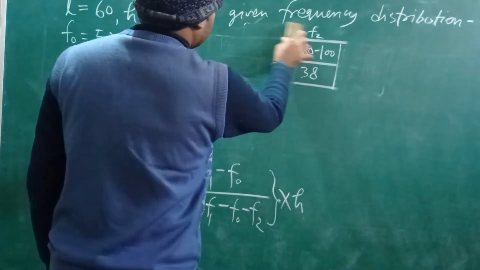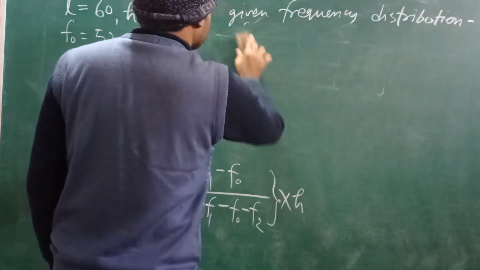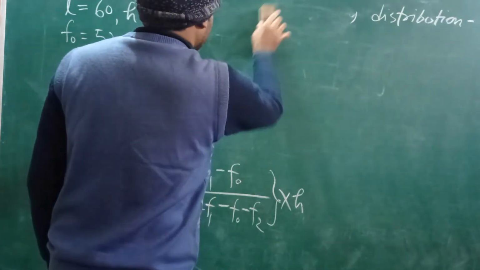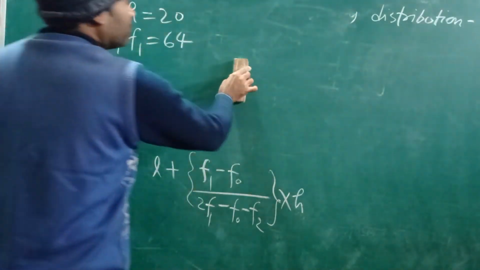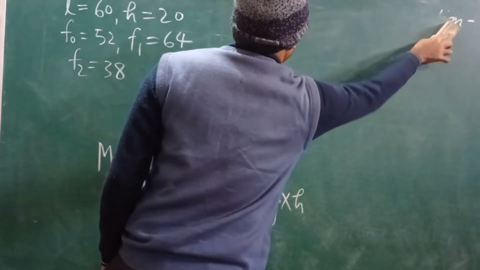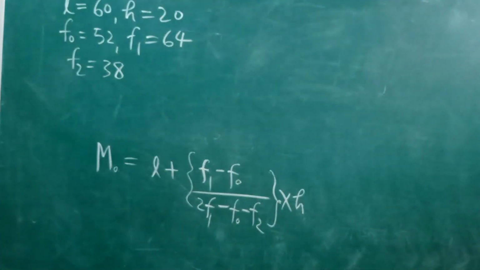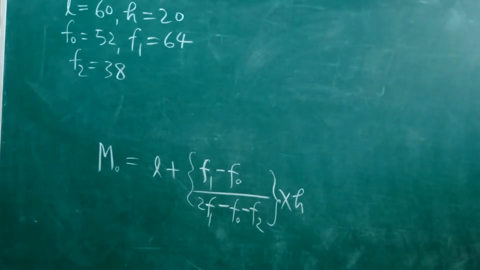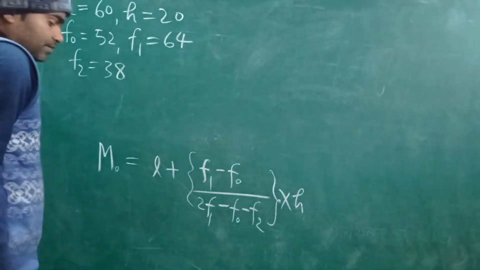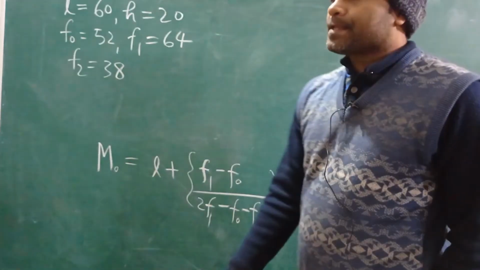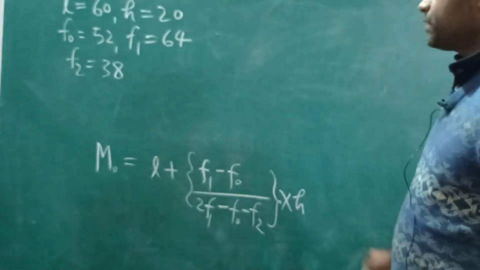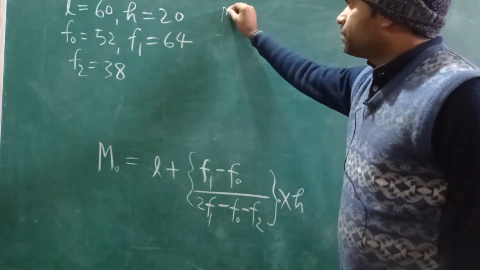I think that mode is the easiest measure of central tendency to find, because the most frequent class interval gives its result, and we will see that the mode will be somewhere between 60 and 80. So now put these values in the formula for mode.